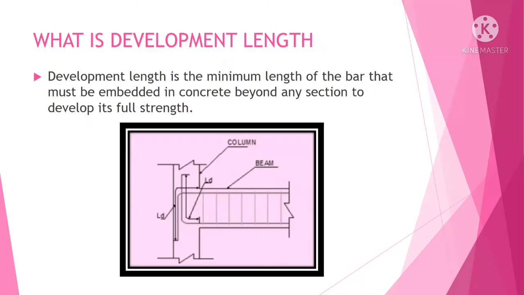In this particular image, you can see the junction of column and beam, and LD, the denotation given over there, describes the embedded length we have provided in that column. The minimum length we have extended beyond that particular cross section is nothing but the length we are going to provide as development length.